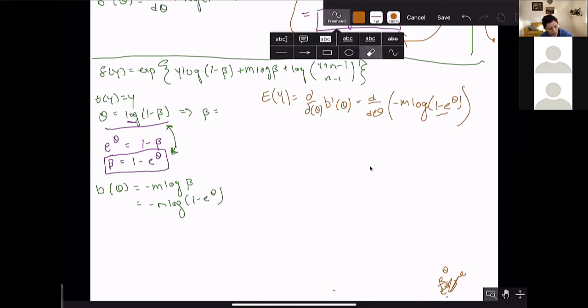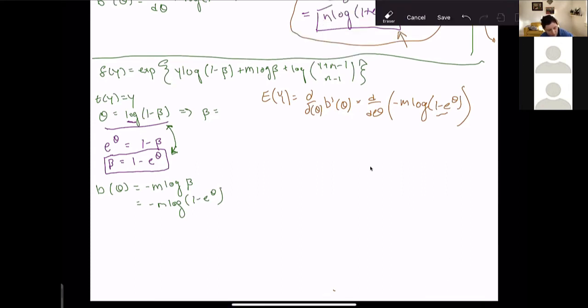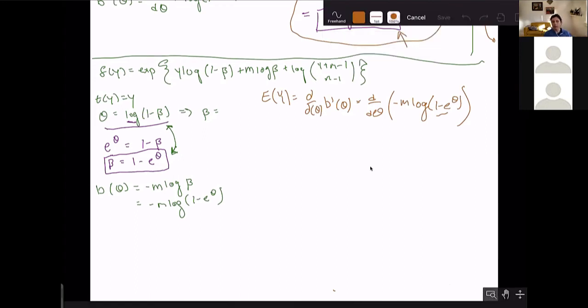I think maybe you're getting tripped up by that step, but at this point you really can just take the derivative, instead of trying to simplify this even further.